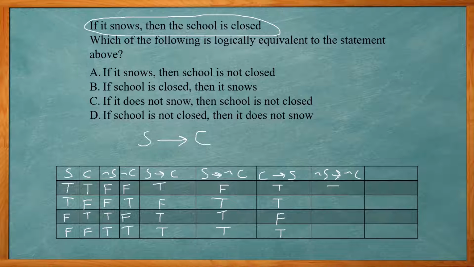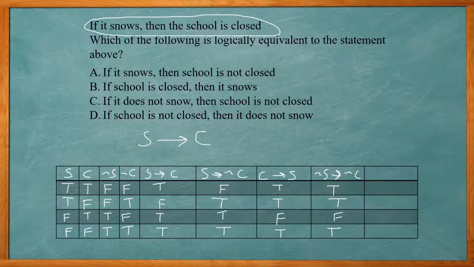That's true. Does false imply true? That's true. Does true imply false? That's false. And does true imply true? That's going to be true. So again, that does not match the true, false, true, true in the S implies C column.